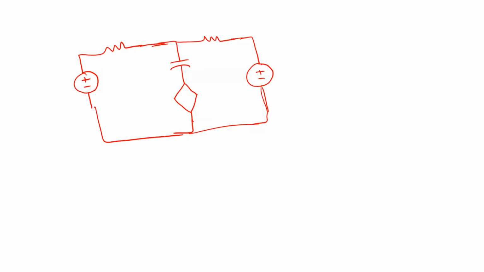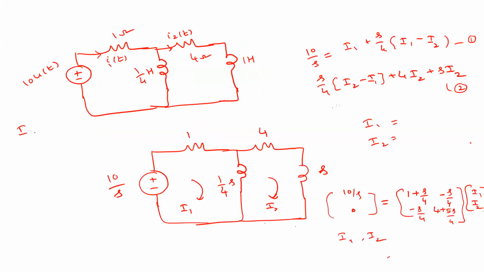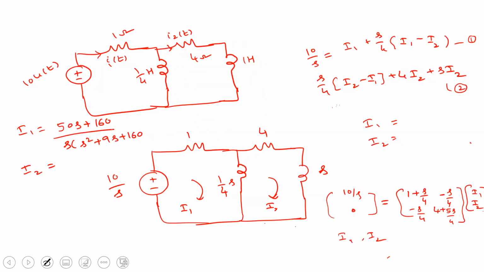Wait a second. So here I1 and I2. Just a second. Question number, yeah, got it. So I1 will be 50S plus 160 by S into S square plus 9S plus 160.